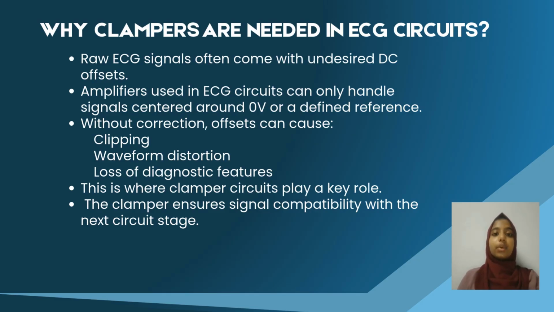One major issue with raw ECG signals is the presence of DC offsets, small voltage shifts that can move the entire signal up or down. This becomes a problem for downstream components like amplifiers and analog to digital converters. If the signal isn't centered properly, it can be clipped, distorted, or even missed altogether. To solve this, we use a circuit called a clamper. Its job is to shift the whole waveform vertically so it stays within a safe and readable voltage range.